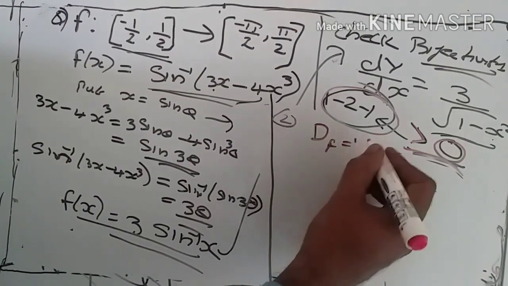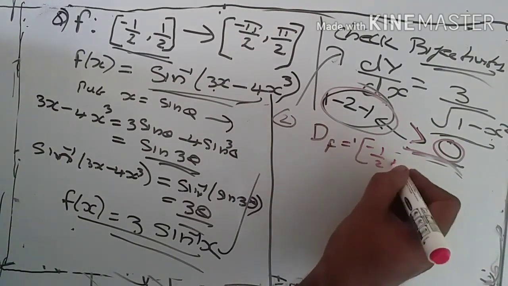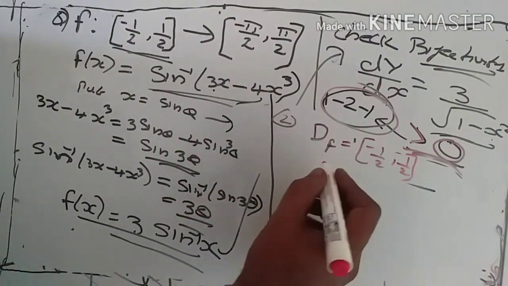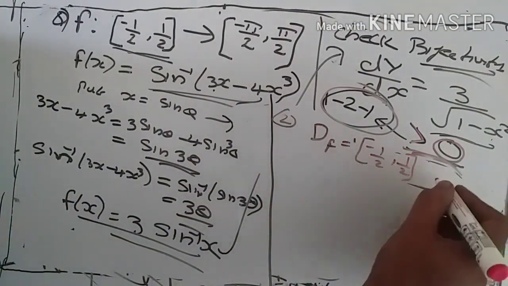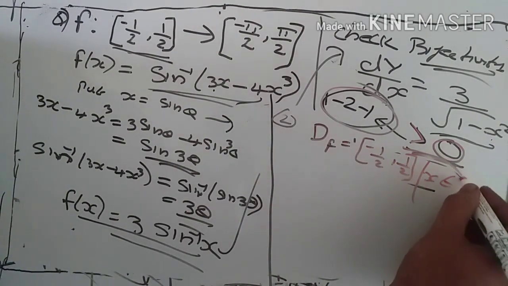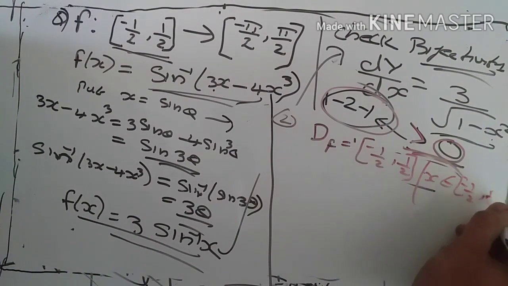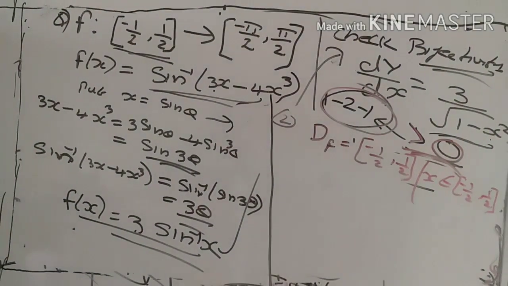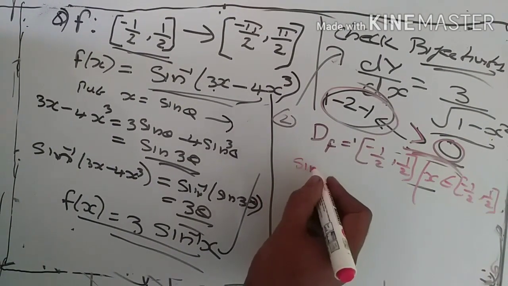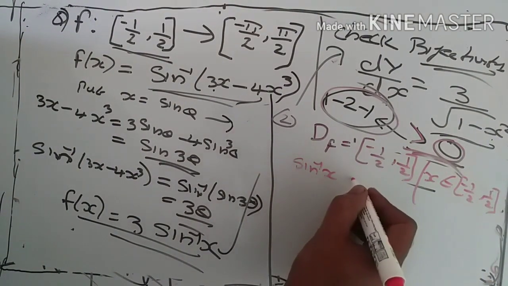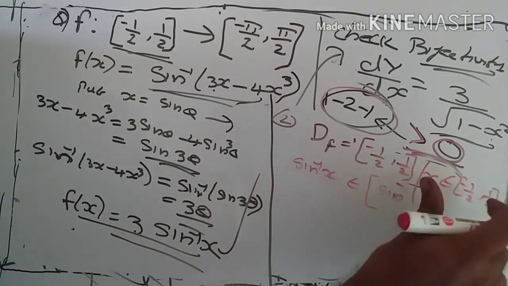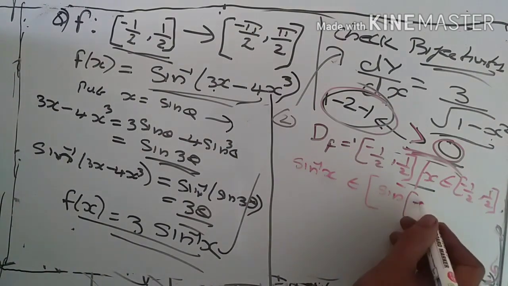The domain of the function is minus 1 by 2 to 1 by 2. That means x belongs to minus 1 by 2, 1 by 2. So sine inverse x belongs to sine inverse of minus 1 by 2 to sine inverse of 1 by 2.